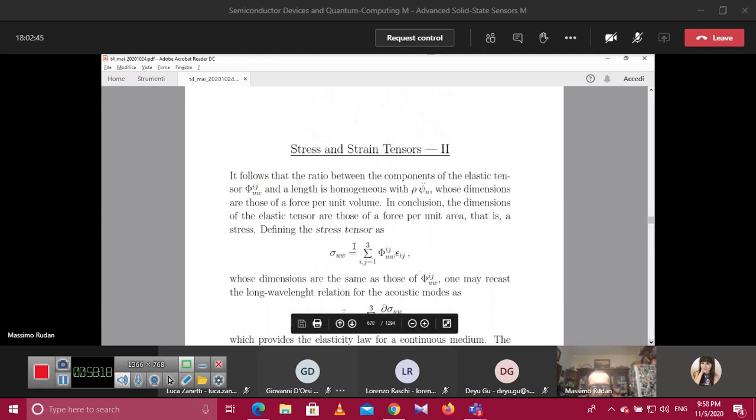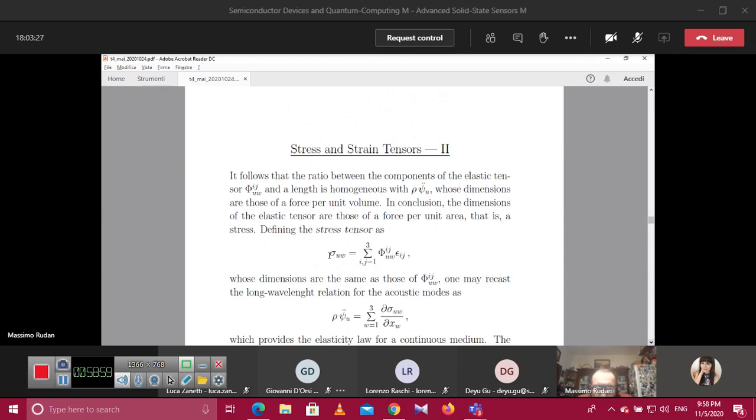All the sum of elements like phi times the strain tensor, remember the strain tensor has no dimensions, so this sum has the same units as phi. And of course, we sum up over the two indices that are I and j, so globally, this quantity eventually depends only on u and w. It is a stress, that is a force per unit area, and it is defined as the stress tensor. Okay?